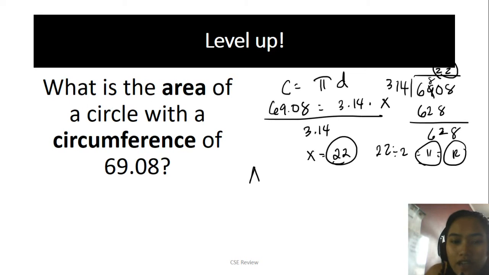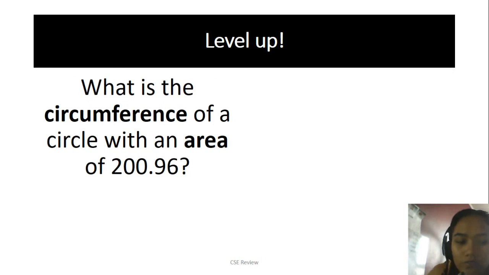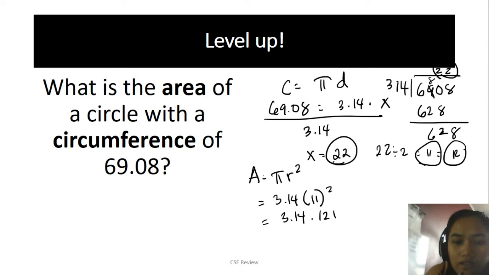So, if we fill in, area is equal to pi r squared, which is equal to 3.14 times 11 squared. So, 11 times 11 is just 110 plus another 11, that's 121. So, 3.14 times 121. Okay? And then, you just need to multiply that. So, 121, 314. Okay? Or if you want, the other way around works too, 314, 121.